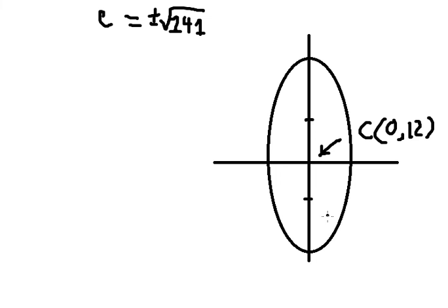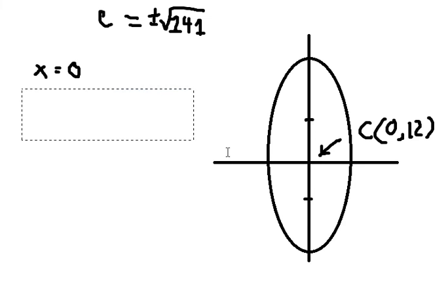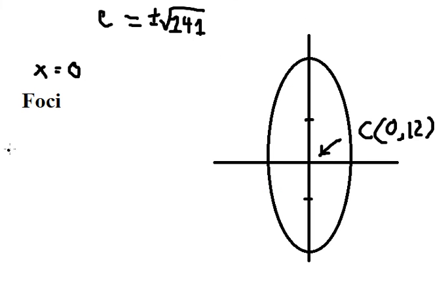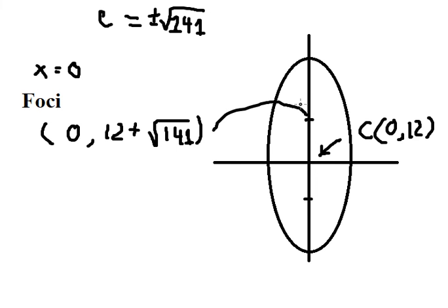Because they have the same x equal to number 0, so the foci, they will have 0 in this one. And now because we need to go from the center to here, so we have number 12 plus the square root of 141. This is for this location in here. And for the foci in here below the center, we need to minus about this one.